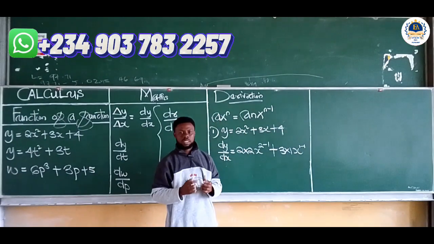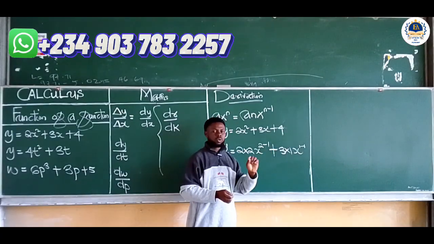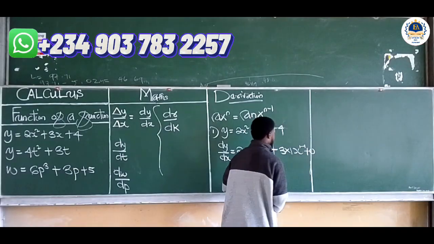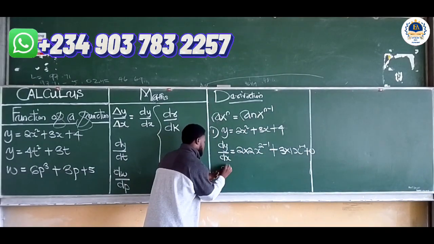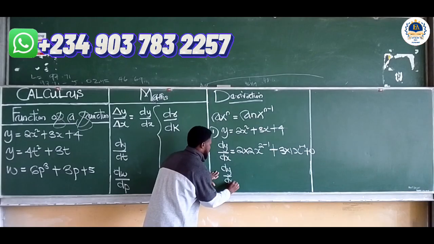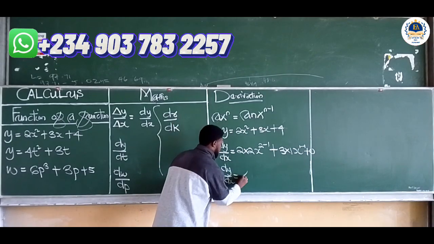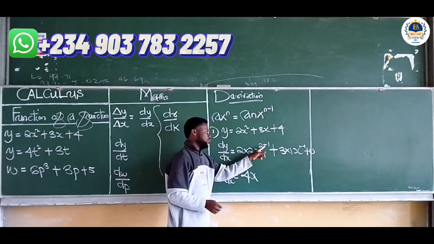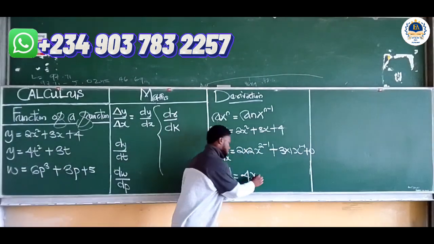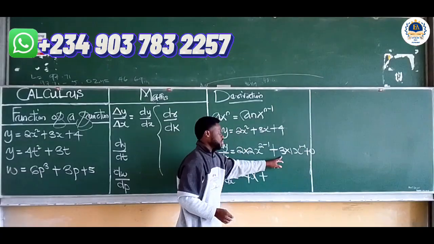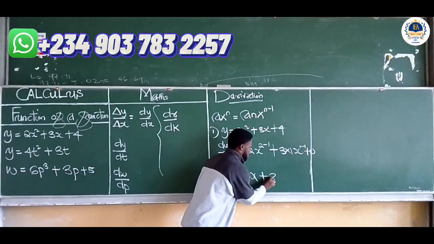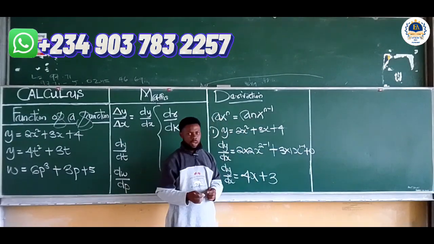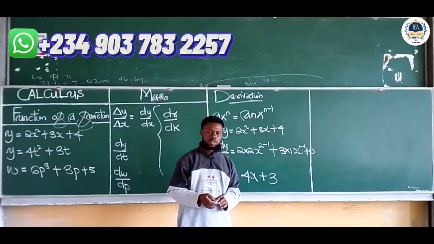Now take note of this, the derivation of a constant term is always equal to 0. So that will be plus 0. So over here we have dy over dx will equal to 2 times 2 is 4, x raised to the power of 2 minus 1 is 1, plus 3 times 1 is 3, then x raised to the power of 1 minus 1 gives 0, and x raised to the power of 0 is going to give you 1.